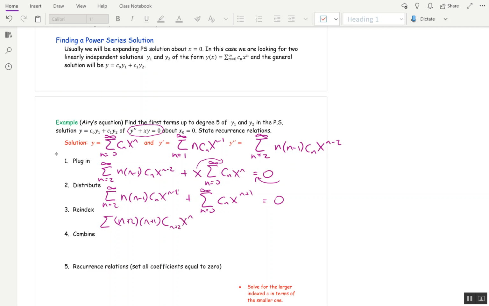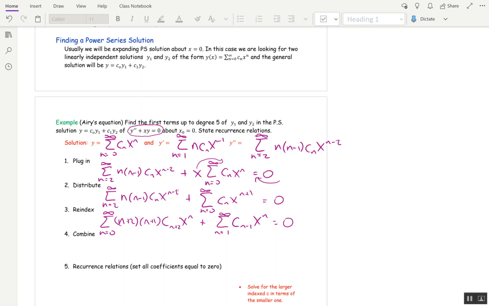And remember, if you add 2 in the formula, you need to subtract 2 where you start. So that'll start at 0. Then I add on some. This one I need to subtract 1. So I'm going to add 1 down here. This one will start at 1, and it'll be Cn minus 1, x to the n. And again, that equals 0.